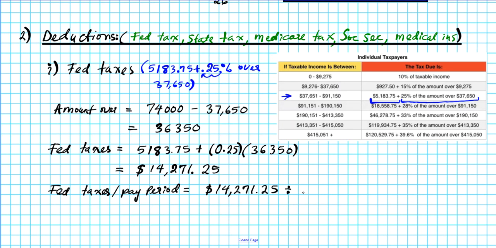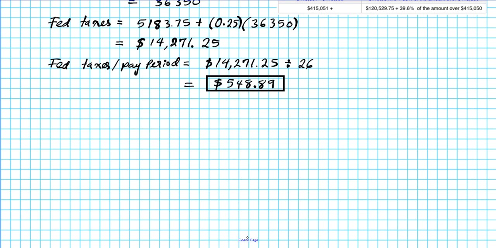She is paid biweekly, so that is going to be 26. If you input that into your calculator, you get her federal tax deduction per paycheck of $548.89. Okay, this is how much will be deducted from her paycheck every 2 weeks for federal taxes.